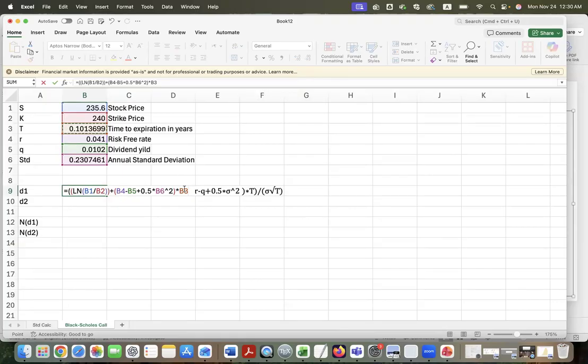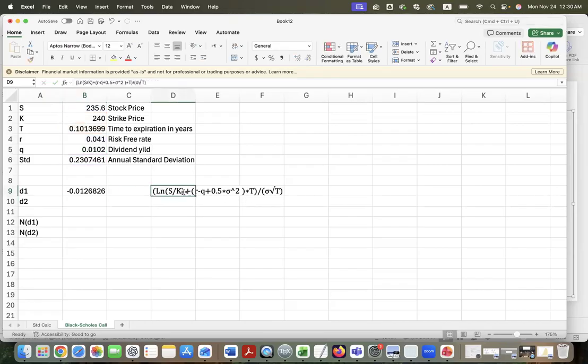So the whole thing is the numerator. Yes, the numerator is this.